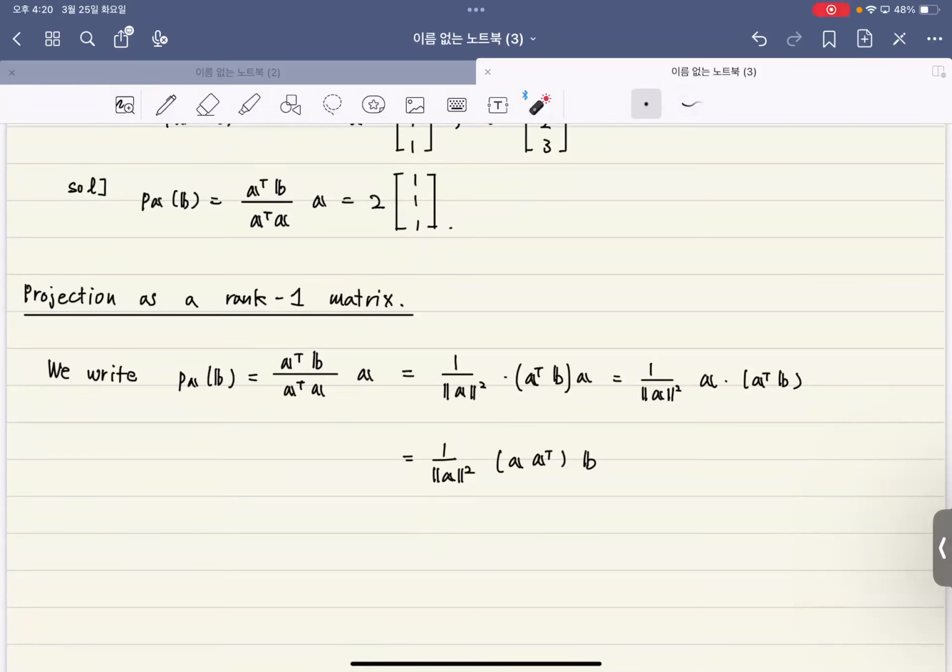Now what? Here, I am considering A as an n by 1 column vector. And therefore, A transpose is a 1 by n row, so A times A transpose is an n by 1 column times a 1 by n row. If you multiply these two, what do you have here? Just an n by n matrix, right?